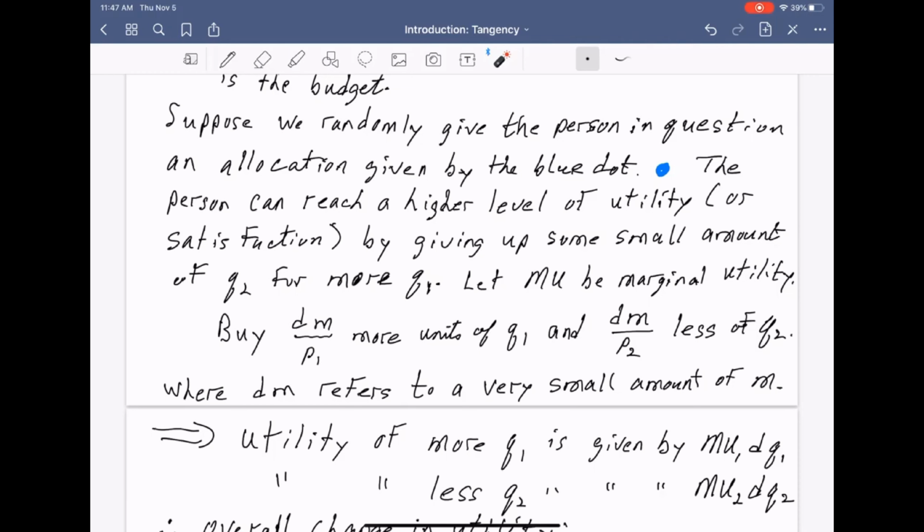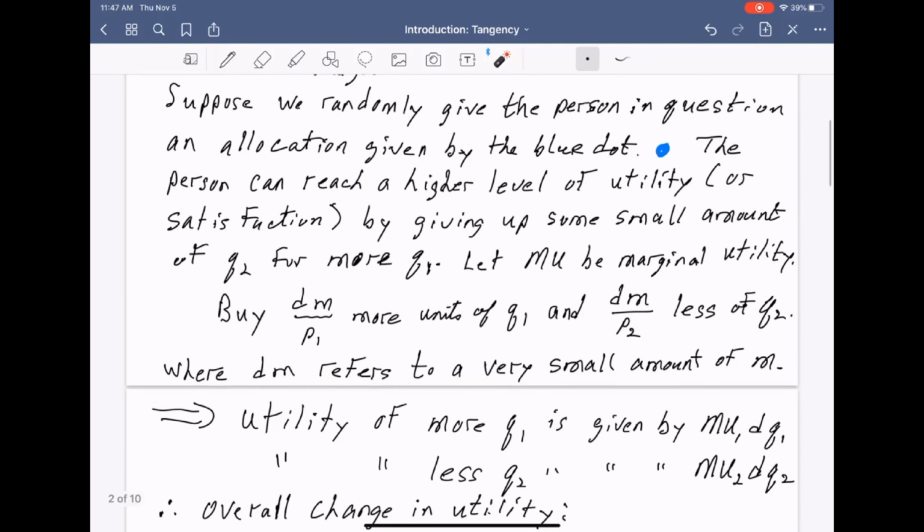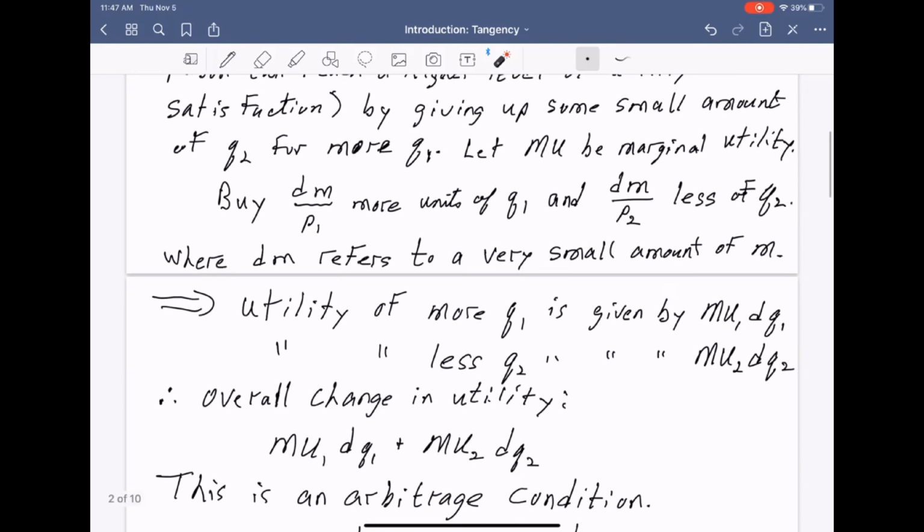The amount of Q1 they want to buy is given by some change in income divided by P1, and the amount of Q2 that they have to give up is given by the change in income, which we denote dM, divided by P2. So dM refers to a very small amount as we move along that budget line.